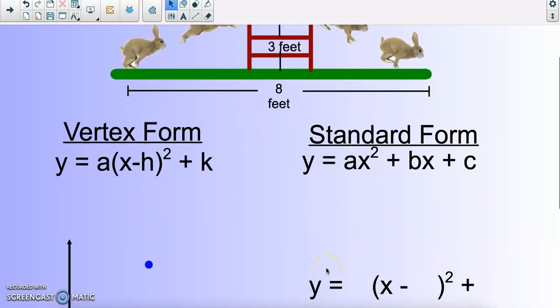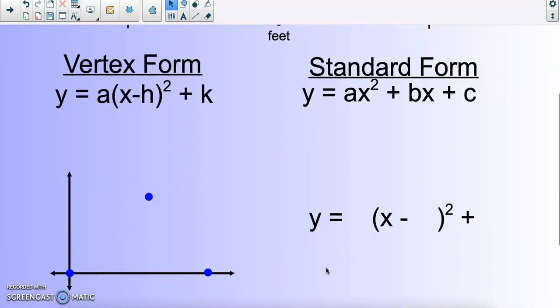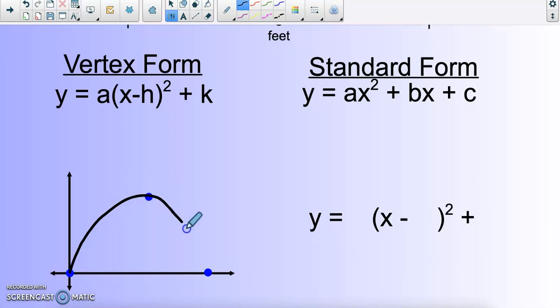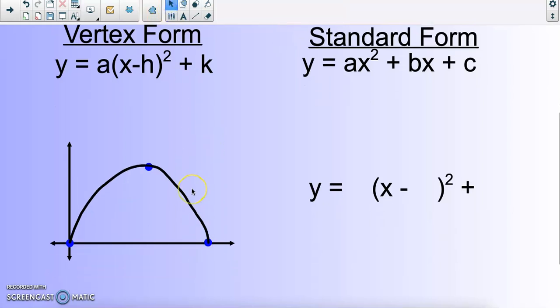Let's come on down here and take a look at a graph of what's going on with this rabbit. If we put the rabbit's path here on the XY plane, and we start out from 0, 0, and the rabbit jumps in this parabolic path and it hits its peak or its vertex and it lands, I think we could figure out what this vertex here is.